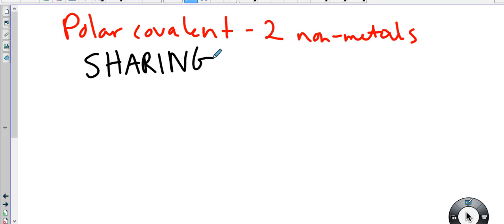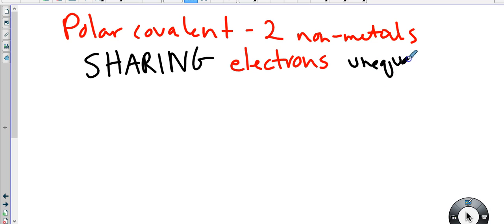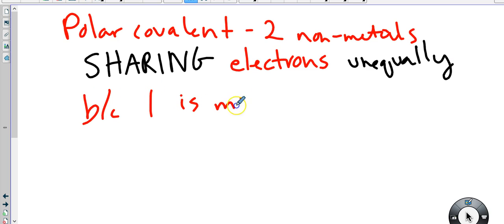It just basically moves a little bit towards it, sharing electrons. But they're shared unequally. That is to say, one is more electronegative than the other.